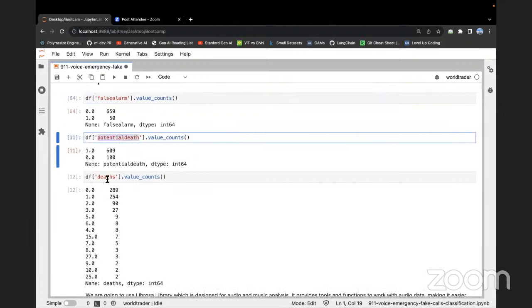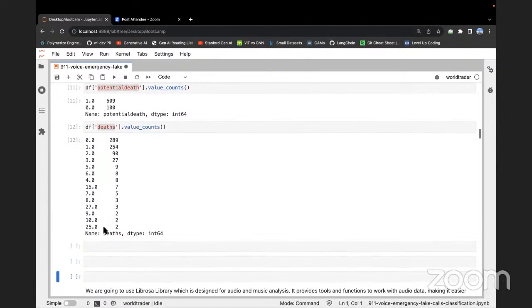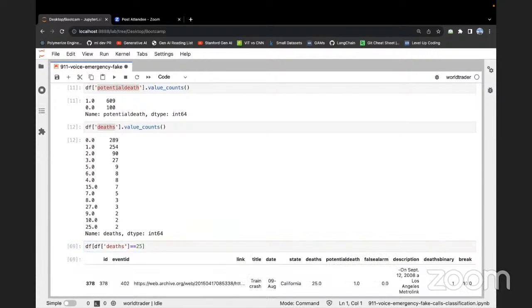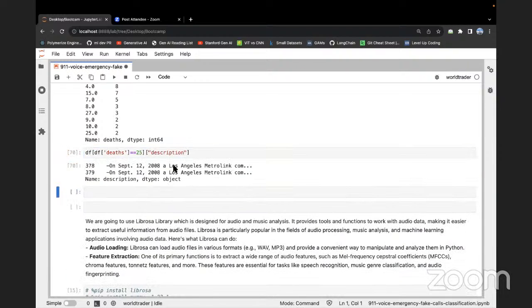Then what was the potential death and what was the actual death? See, there are cases where there were 15 deaths. There were cases where there were 25 deaths. Imagine the scenario where deaths equal 25. See this particular row. Let's look at the description column of both these cases.